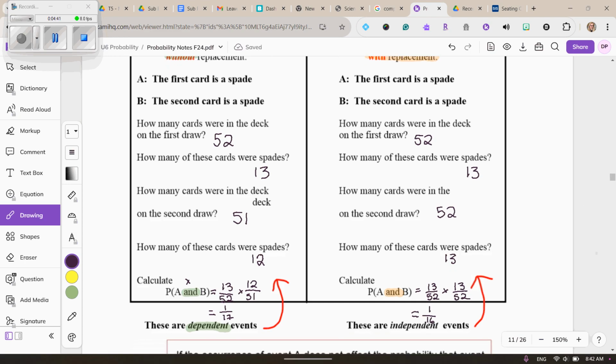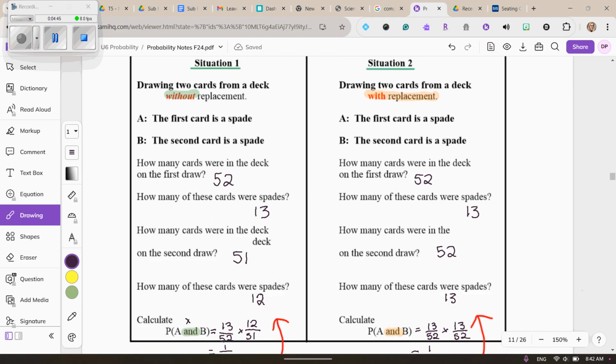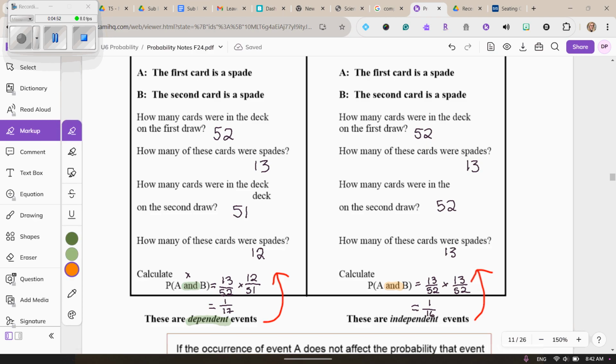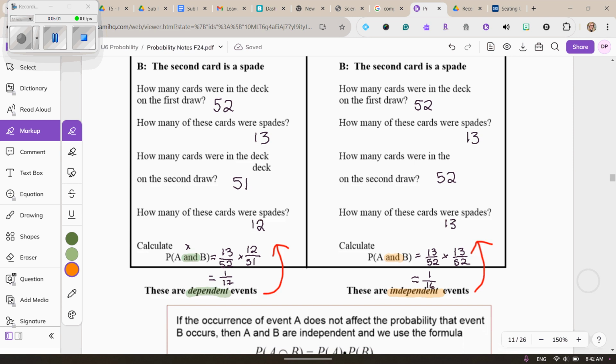So this is slightly more likely to happen than my first situation, 1 out of 16 compared to 1 out of 17. These are what we call independent events. The reason they're independent is because the outcome did not change based off of what happened in my first event.